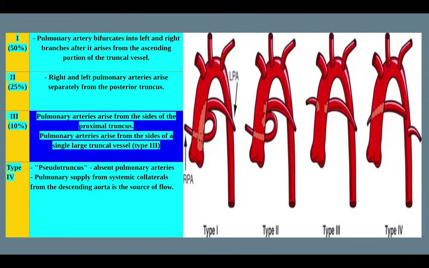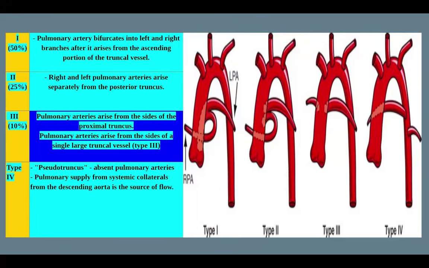The second type is where the right and left instead arise from the posterior truncus, which is demonstrated here. Then type 3 is where the pulmonary arteries arise instead from the sides of the proximal truncus.